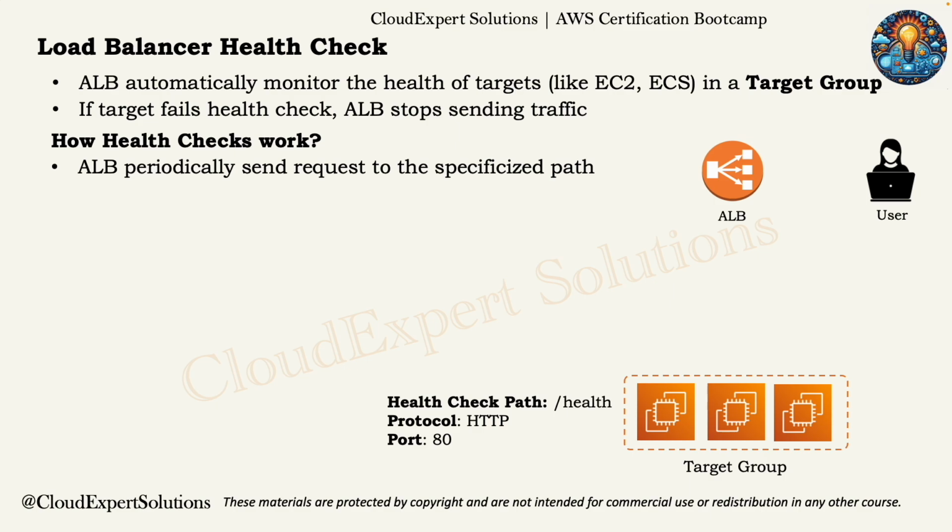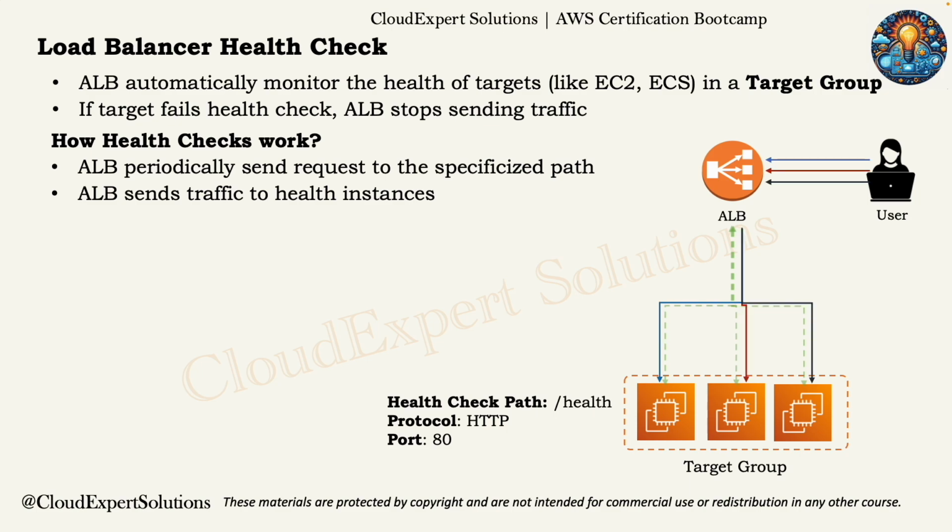For our example, it will be EC2 instances, and based on the response, it determines if the target is healthy or unhealthy. Application load balancer will send traffic only to the healthy instances, and let's assume that instance 2 stop responding or returns 500 error.